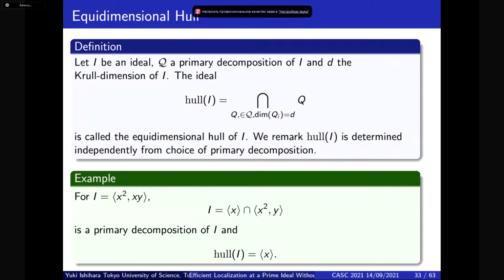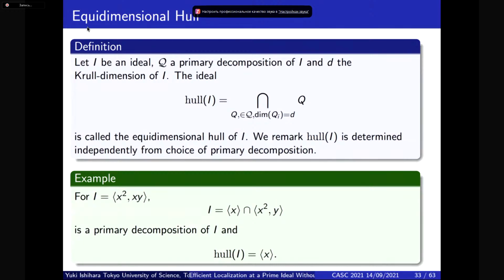Before I explain that, I will note a special localization of I, that is the equidimensional hull of I. The equidimensional hull of I is the intersection of the primary components of I which have the same dimension as I, like this.